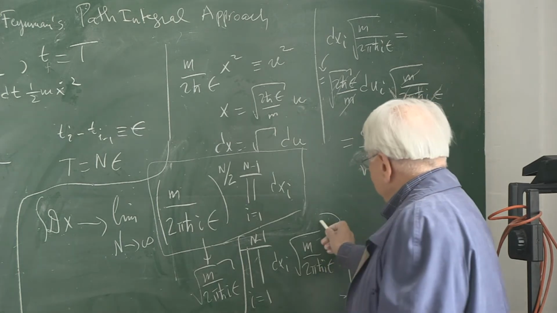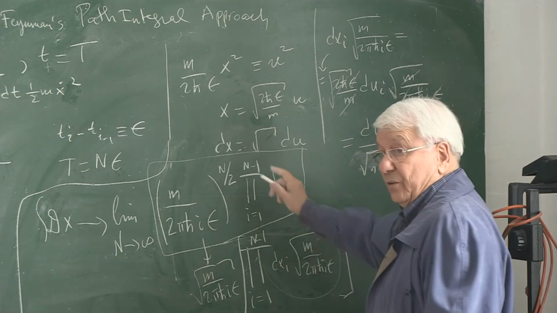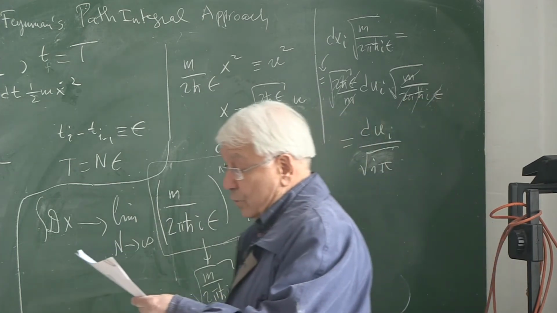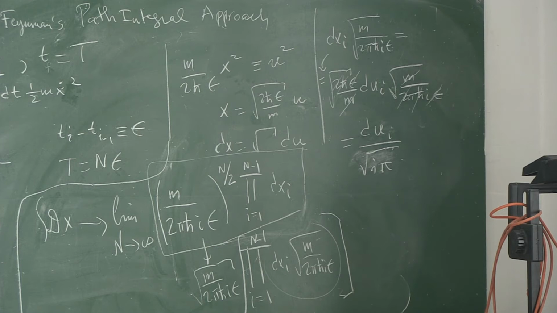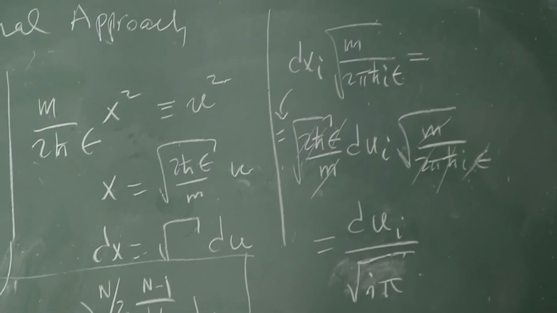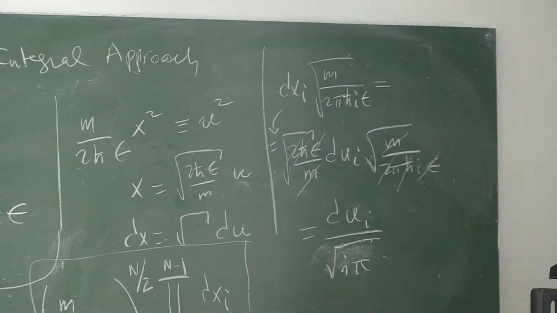That is, this entire thing, with that variable change I have carried out, reduces to this du_i over i pi. So let me now start in here. What is the amplitude then is, K is the limit n going to infinity.